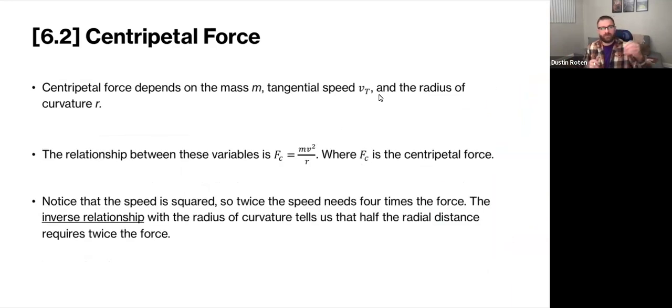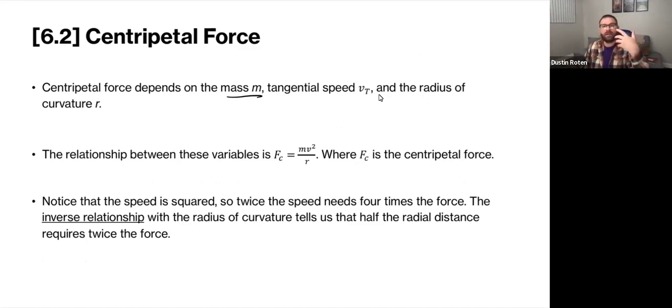It turns out that the centripetal force depends on the mass of the object going through the circular path. It also depends on the tangential speed, which makes sense. If the thing going through the circular path is really far away from its central point of that path, then you're probably going to have a big centripetal force that's going to hold it there in the path.